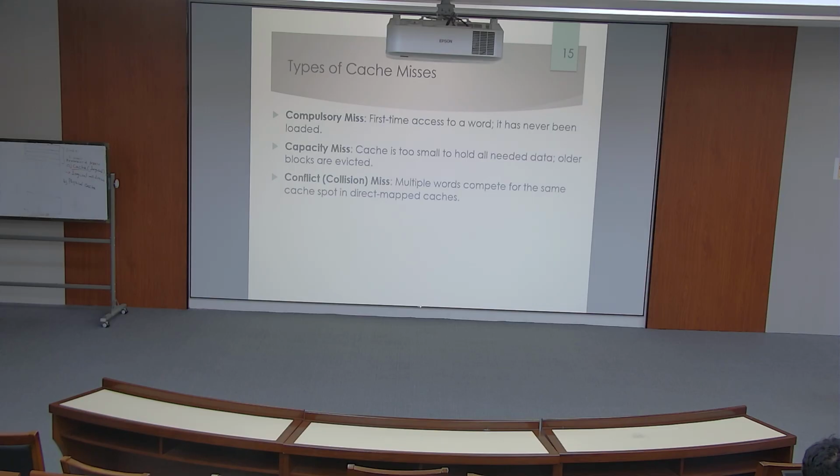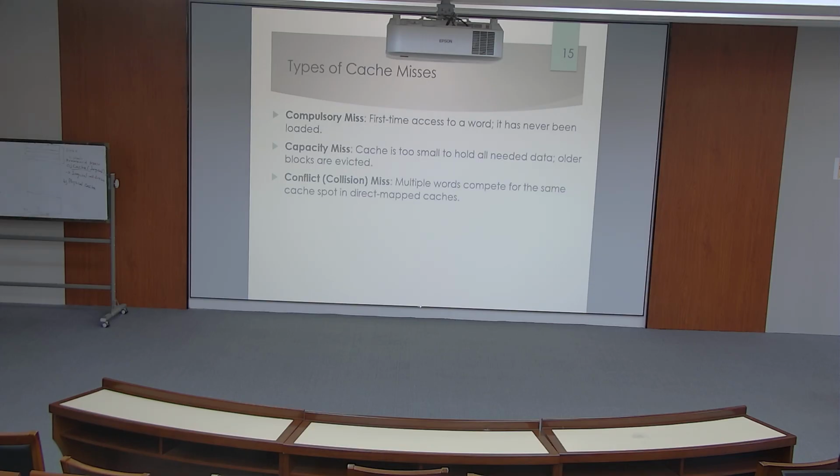That means we have two or more blocks from the main memory that need to be loaded into the same cache line. So that's what we call conflict miss. Two or more blocks from the main memory are competing for the same cache line, for the same cache spot.